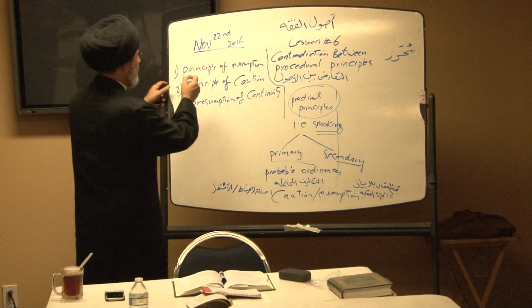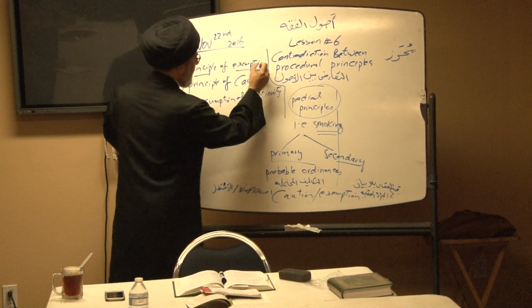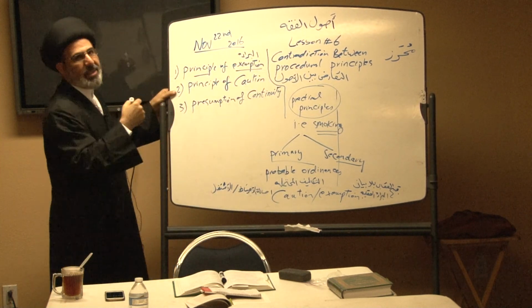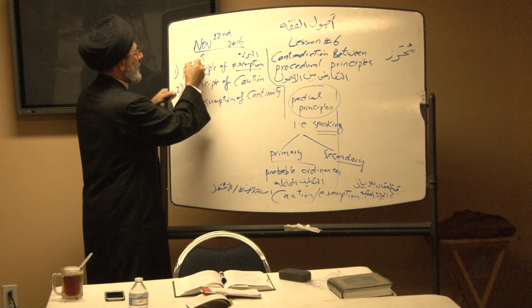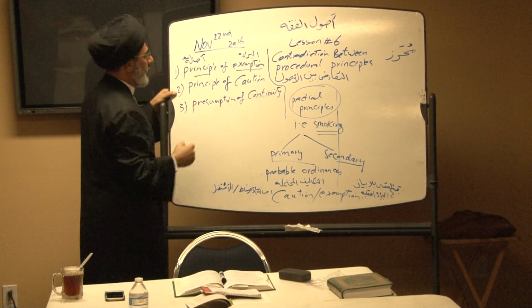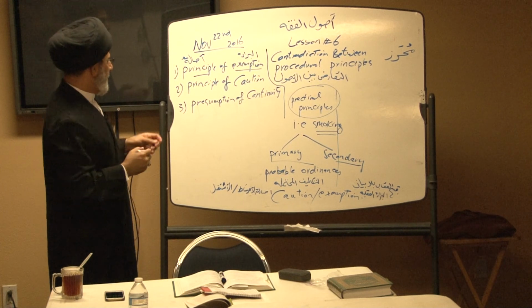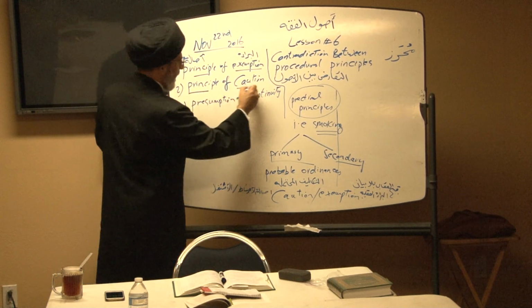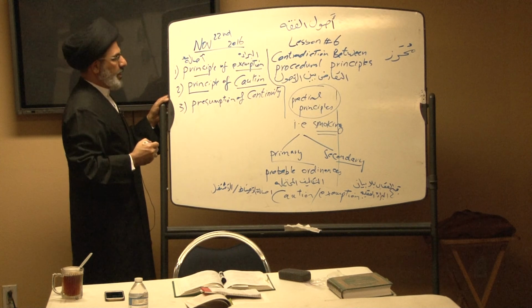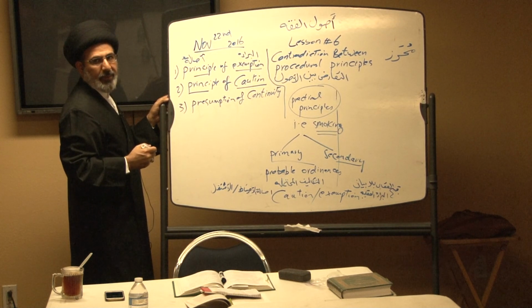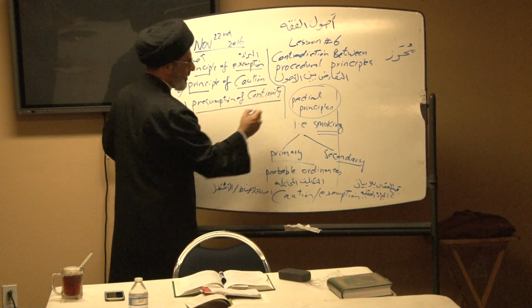One of them is the principle of exemption, al-bara'ah, aslul bara'ah. The second is asalatul ihtiyat, caution, ihtiyat. The third one, what is the third one?